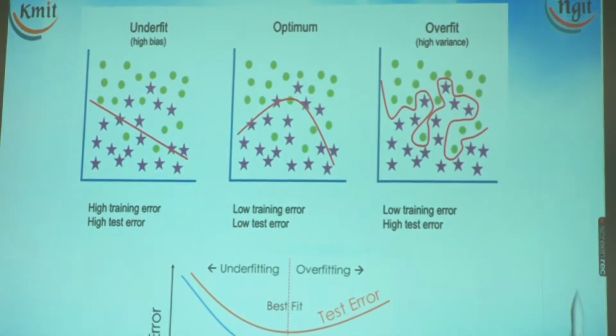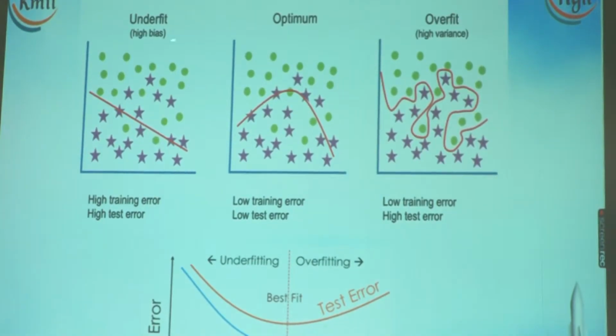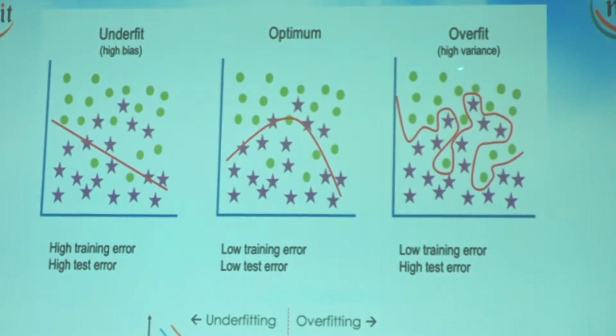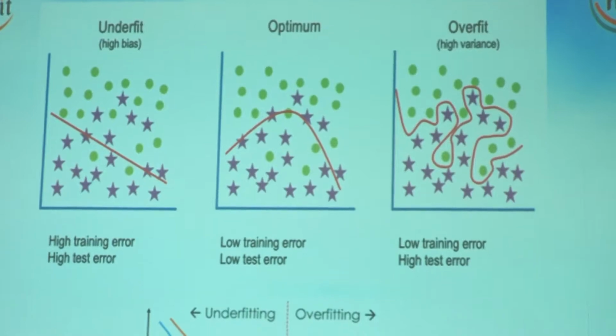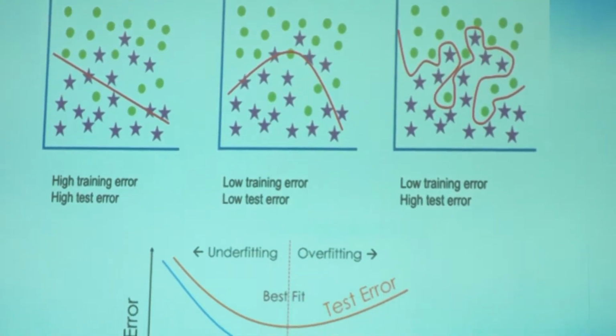When we have low training error and high testing error, it is overfit and it has high variance.